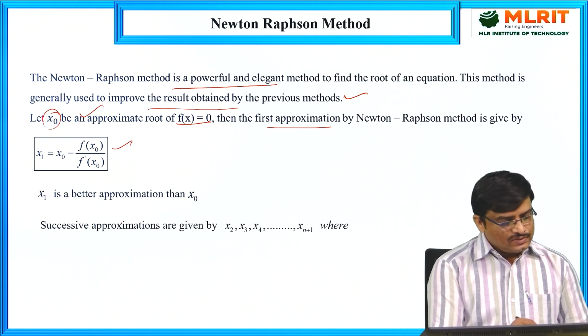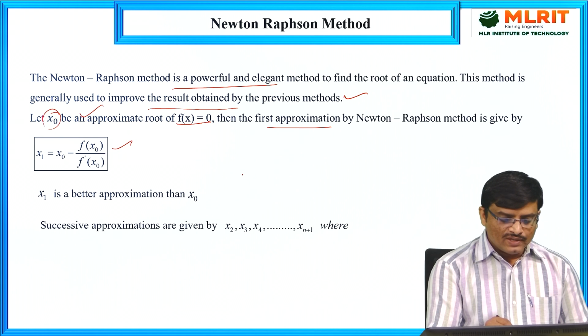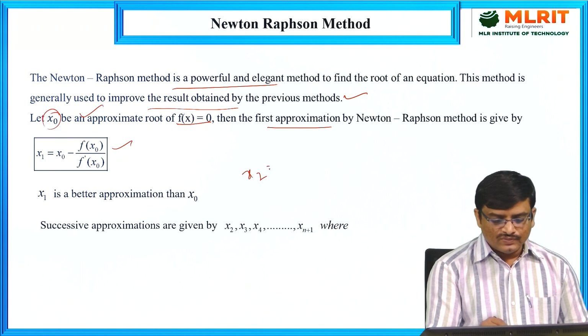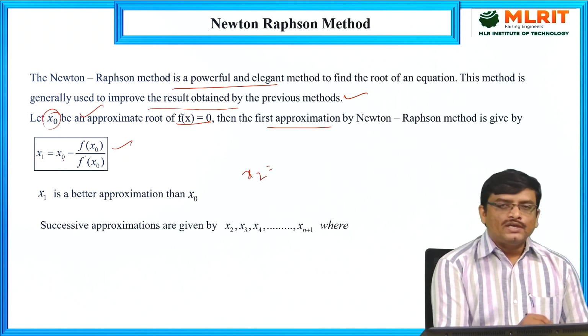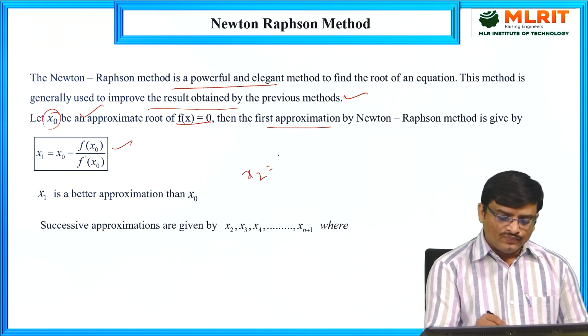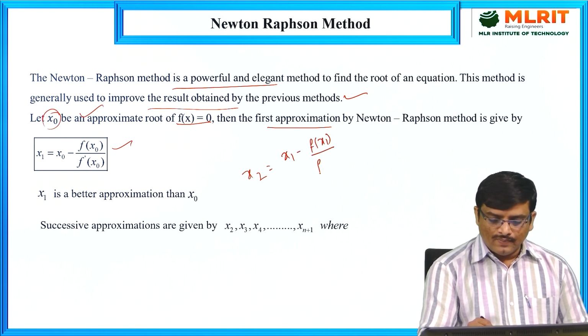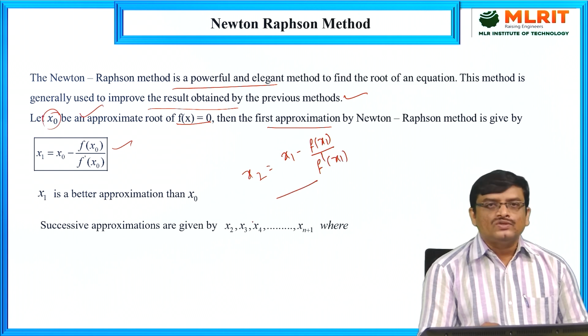Like this, if you want the x2 value, the second approximation, just replace x0 with x1. You will get x1 minus f of x1 by f dash of x1. This is our standard formula for the second approximation.